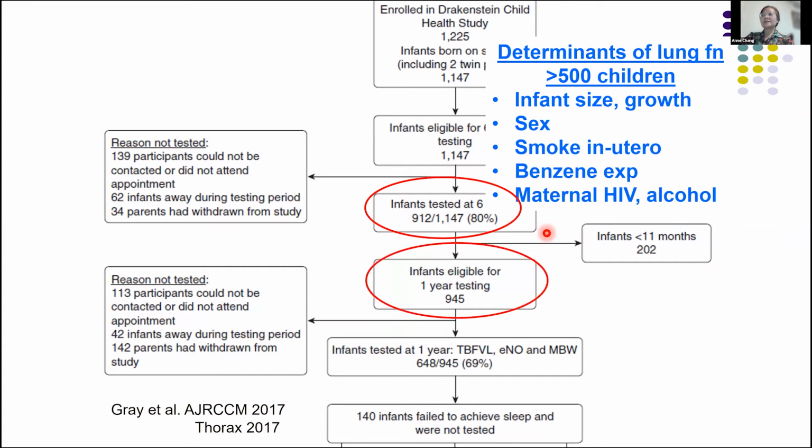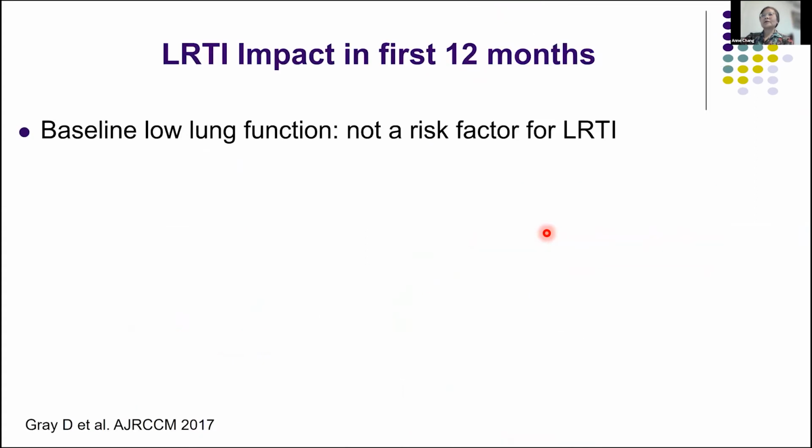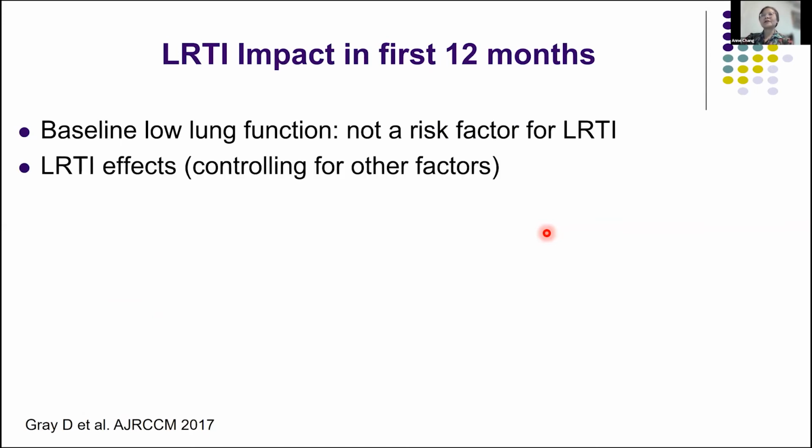So the key thing is that they then went on to look at infants at year 1, and what they found was that low lung function was not a risk factor for the development of lower respiratory tract infection. They then looked at the effects on lung function, controlling for other factors.